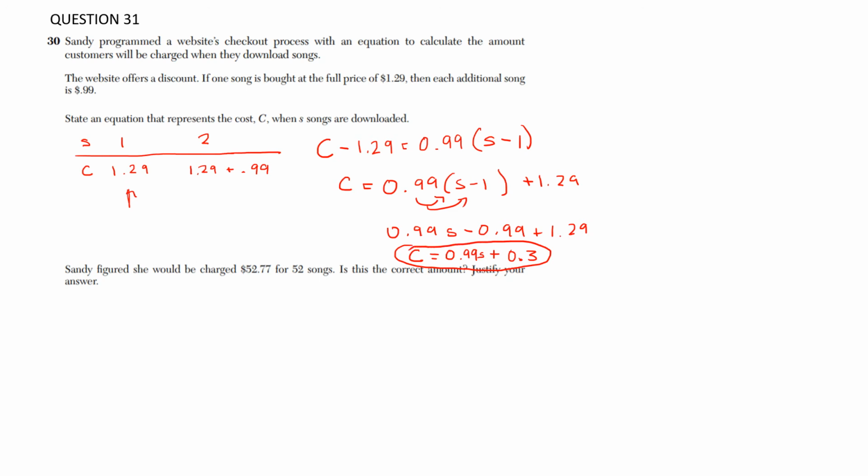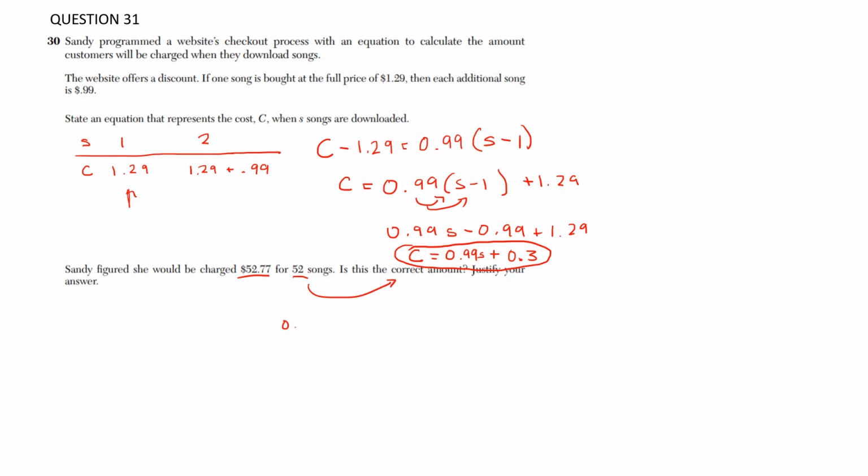So the second part asks, Sandy figured she would be charged $52.77 for 52 songs. Is this the correct amount? Justify your answer. So we can either recheck her math, or we can simply plug these 52 songs into the equation we just derived.